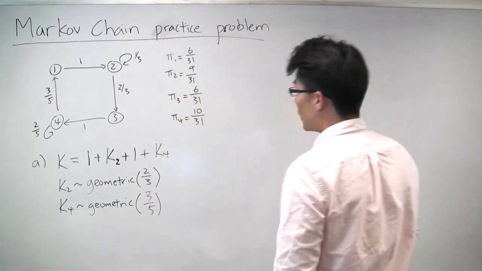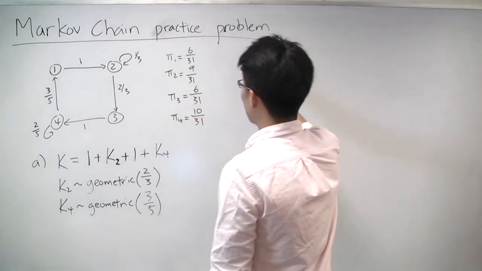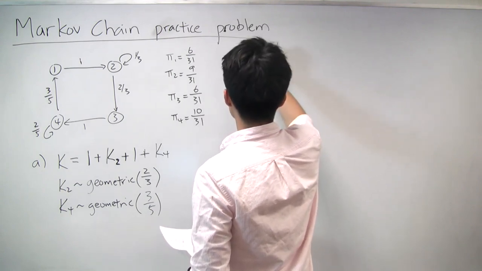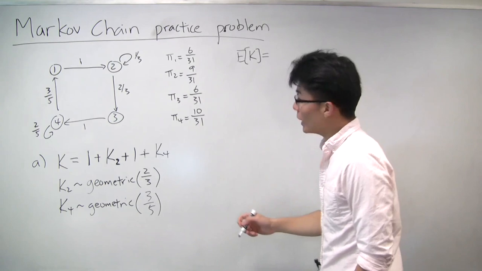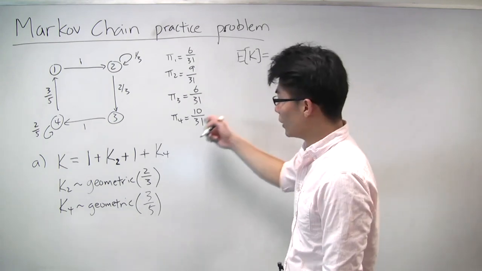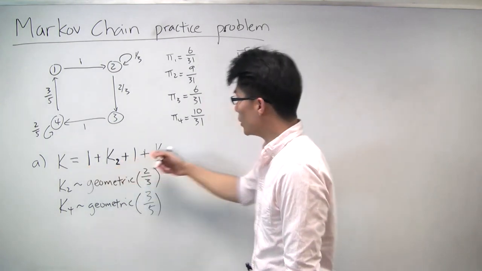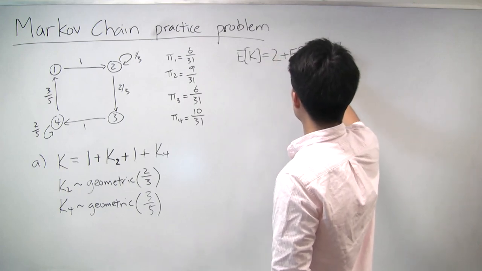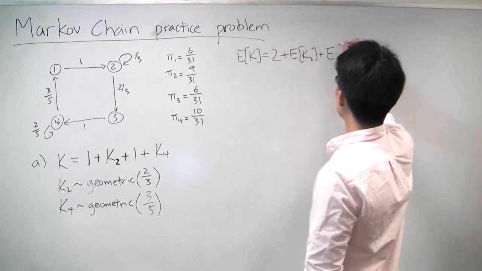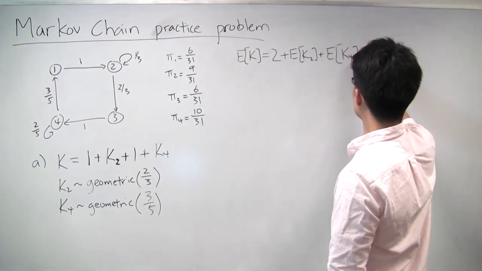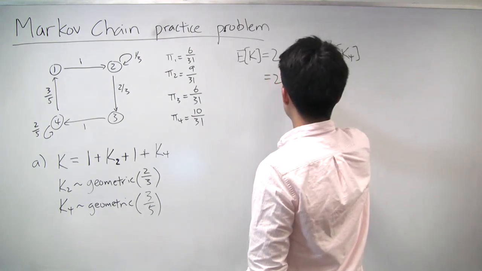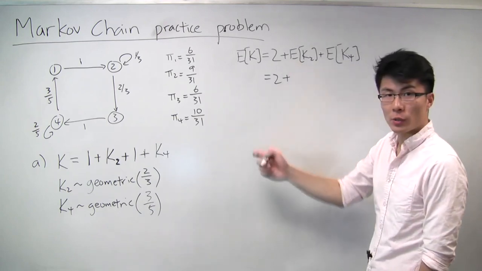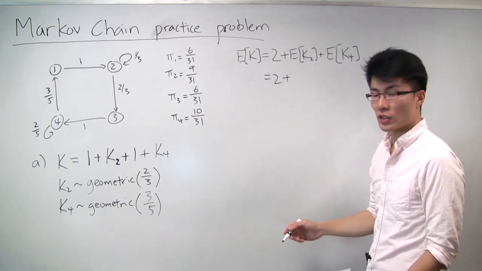All right. So now that we know that, let's figure out the values that we're interested in. For the expectation of k, we can use linearity. 1 plus 1 is 2. And then we need the expectation of k2 plus the expectation of k4. Well, we know from earlier in the course that the expected value of a geometric is just 1 over the probability of success.